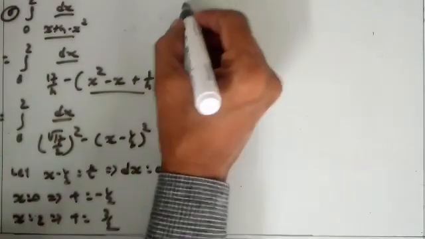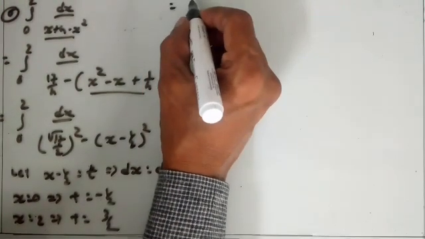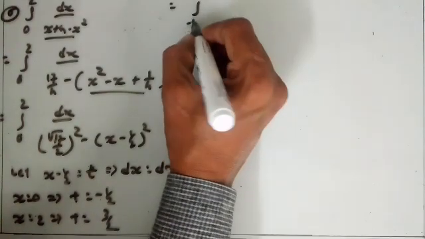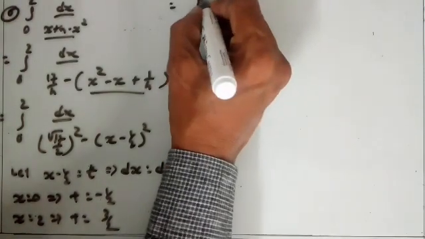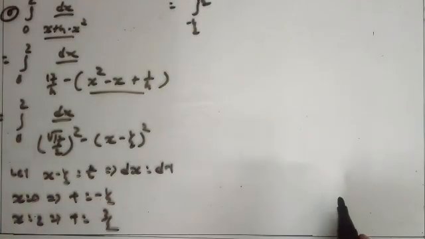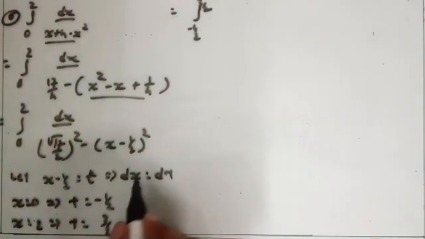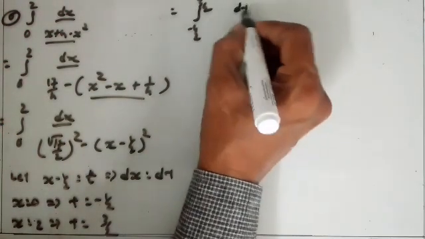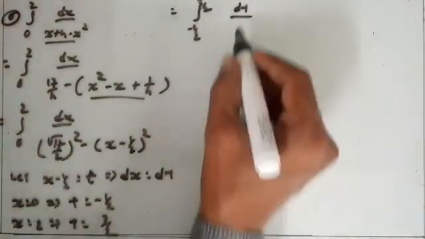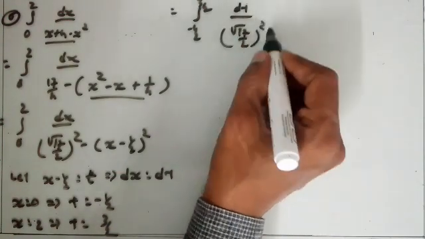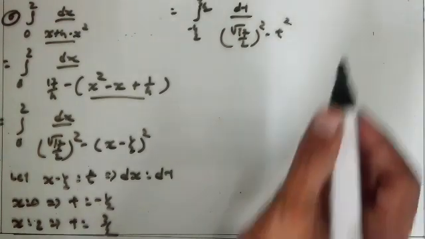So here integration becomes, with limits minus 1 by 2 to 3 by 2, dx is equal to dt upon (root 17 upon 2) raised to 2 minus t square.